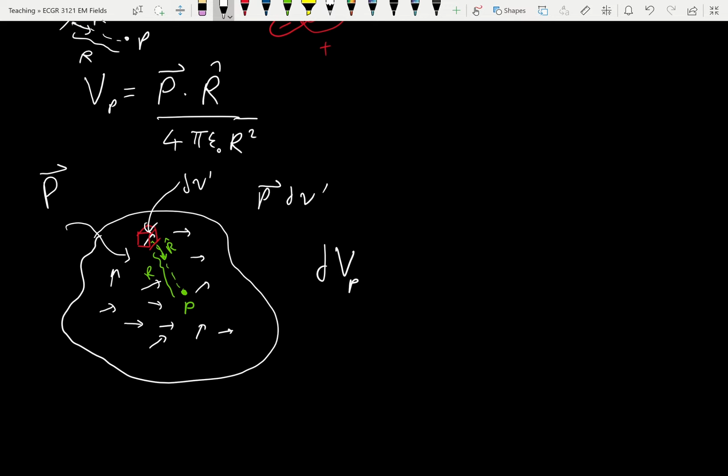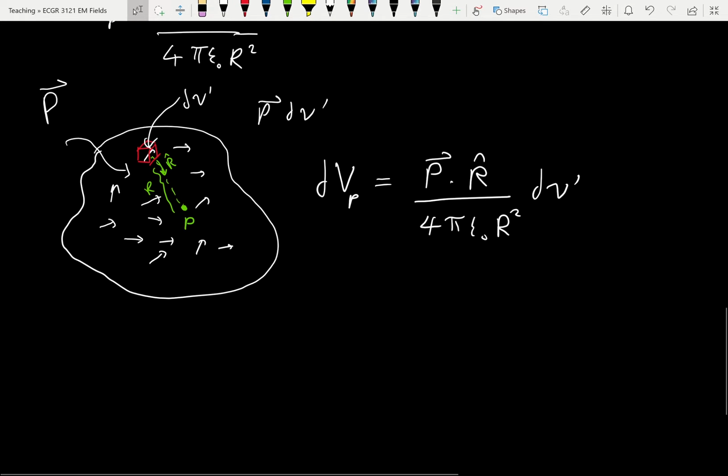To find the total voltage, I have to integrate over the whole medium. I'm using superposition. Every small box in the medium contributes to the voltage at P. The differential voltage at P is p dot r hat over 4 pi epsilon naught r squared dV prime.